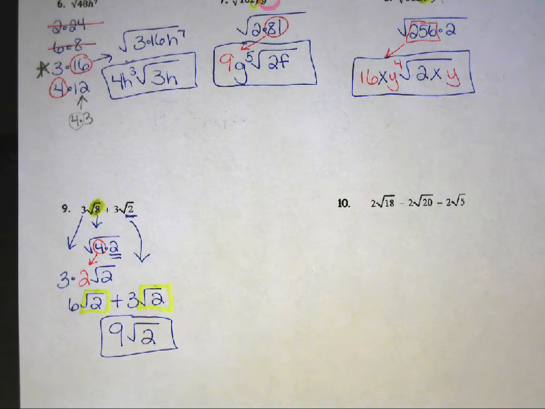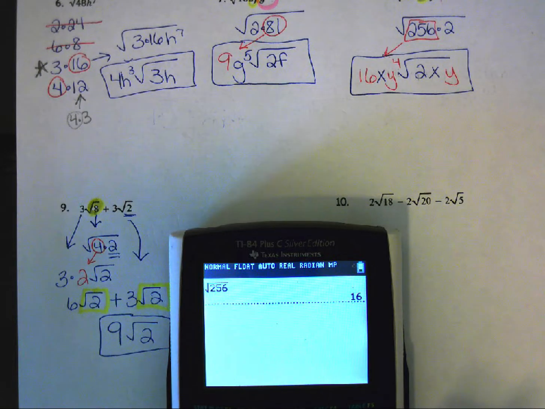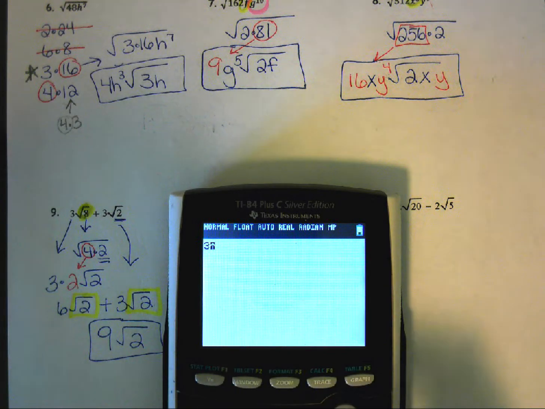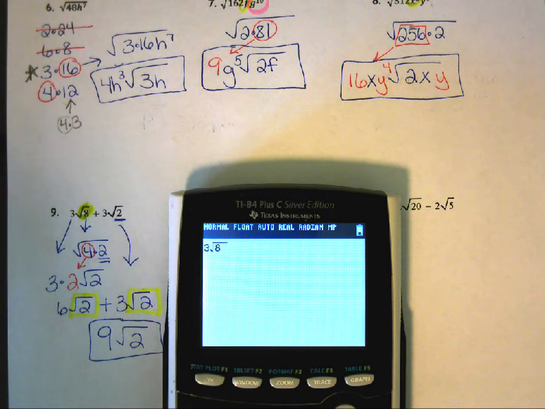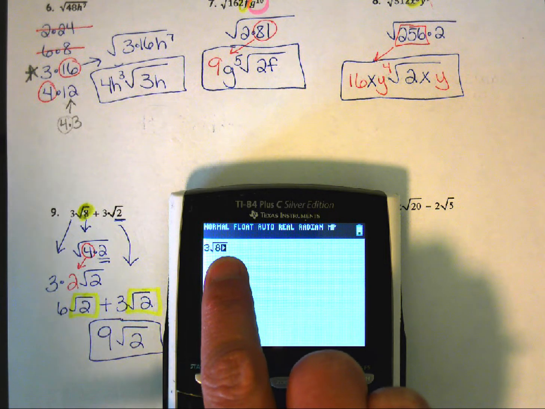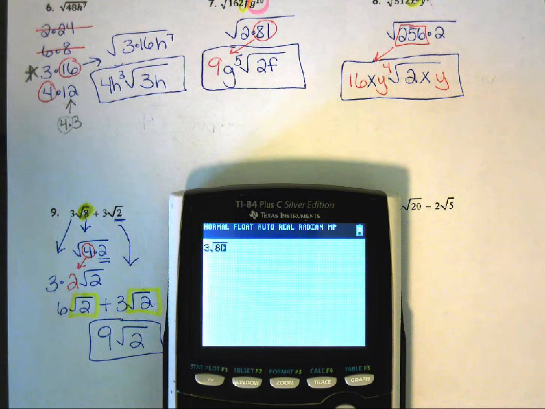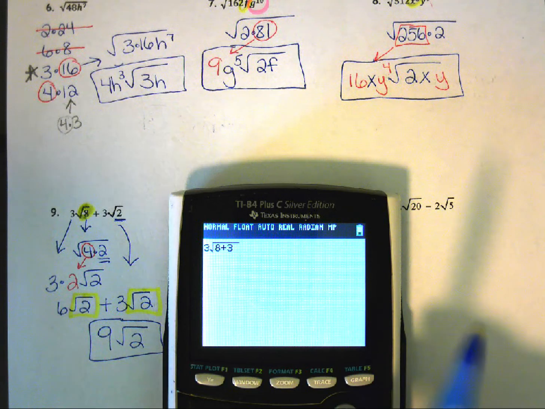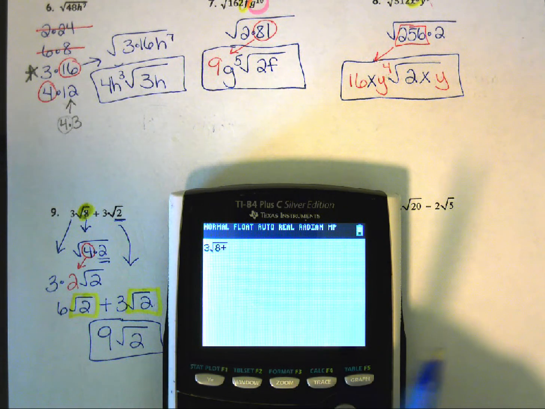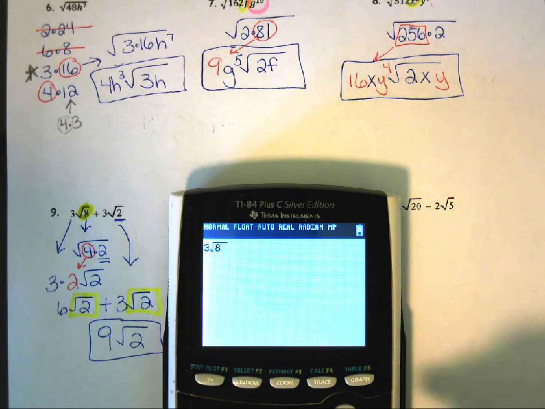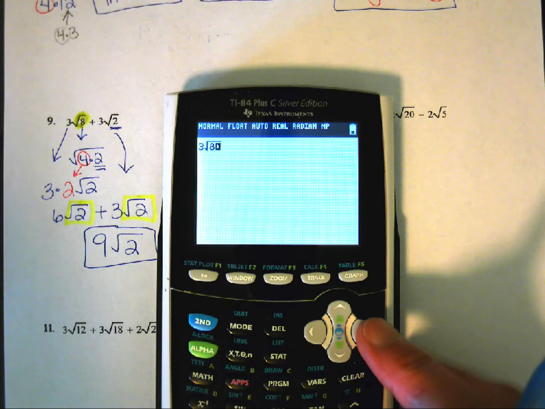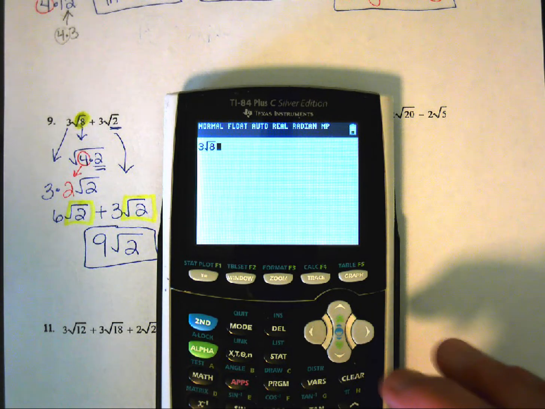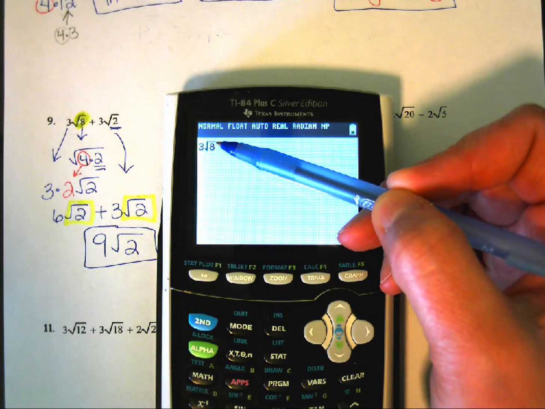And again, if you want to check it in your calculator, you can. You just got to be careful when you type it because in my calculator, watch my radical bar. If I try to go plus 3, do you see how my bar continues? So I have to be very careful when I do this. Once I type the square root of 8, I have to use my arrow key and arrow over to get my little radical to stop.